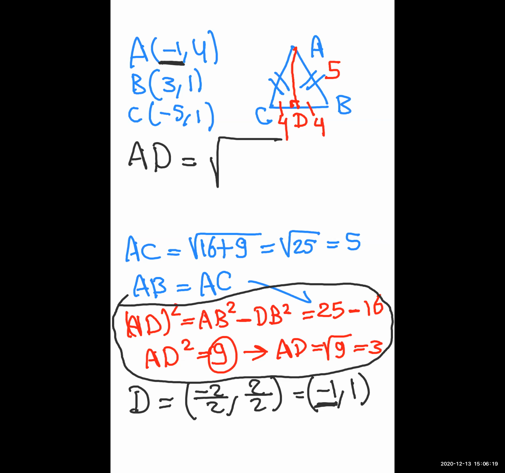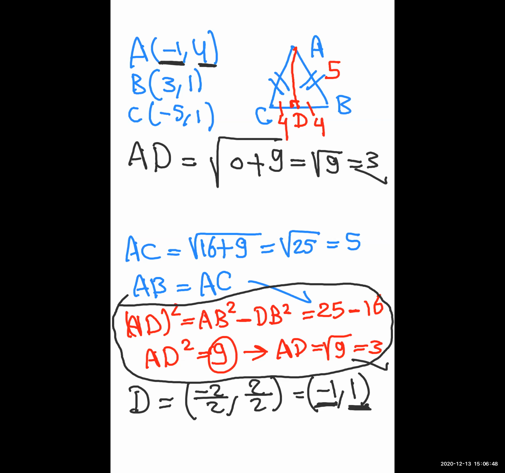So -1 minus -1 equals -1 plus 1, which is 0. 0 squared means 0, plus 4 minus 1, which is 3. 3 squared means 9. So it will equal the square root of 9, which will equal 3. The same answer here, guys, equals 3, and here also equals 3. So AD equals 3.